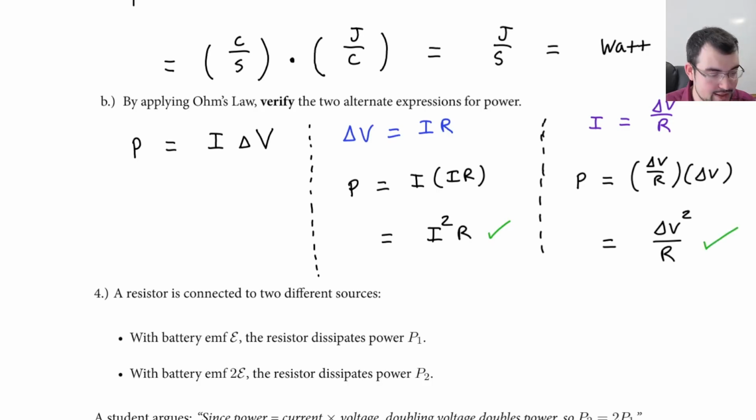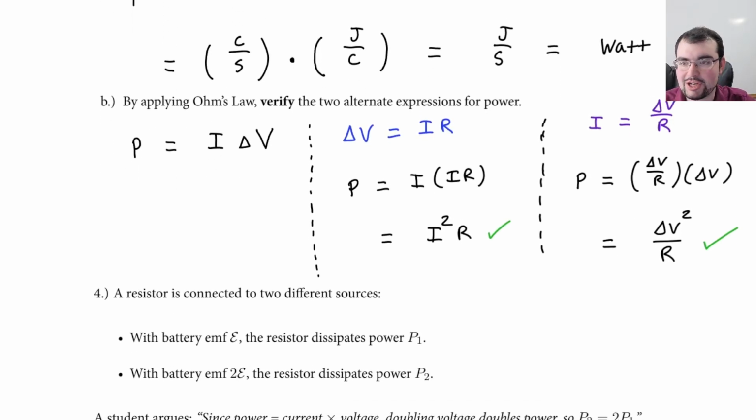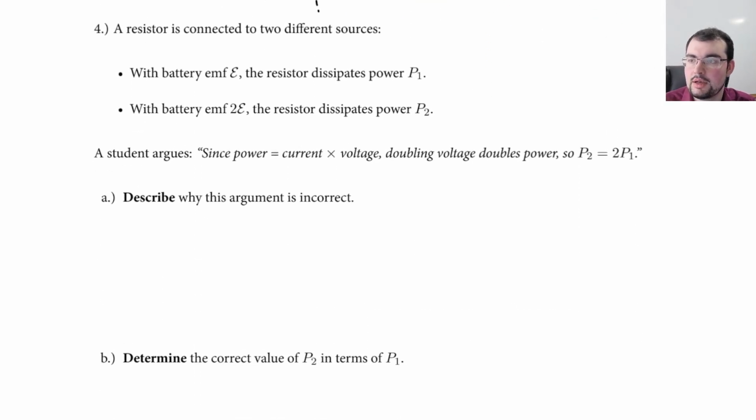So it can be misleading just to look at I delta V, because what people forget, as we'll see in this next problem, is these don't get to live on their own islands. Ohm's law says that these two quantities depend on each other. So that's actually what we're going to look at.